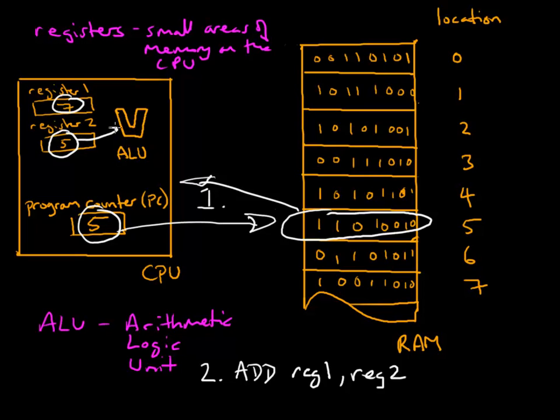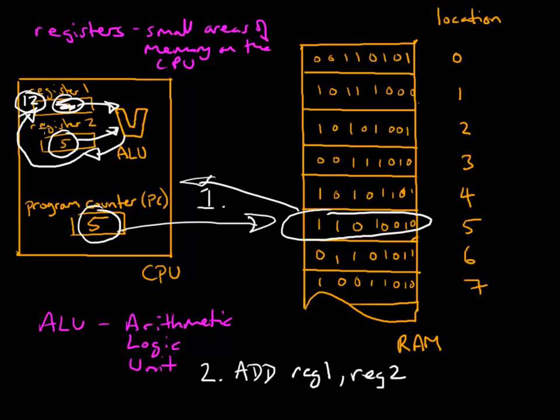So I'm going to connect it up, I'm going to put these into the ALU, and I'm going to execute that instruction. And so I'm going to say add register 1 to register 2, and then it will pop it back into register 1. So it comes around here, and instead of having 7 in there, I will now have 12, which is the result of 7 plus 5.